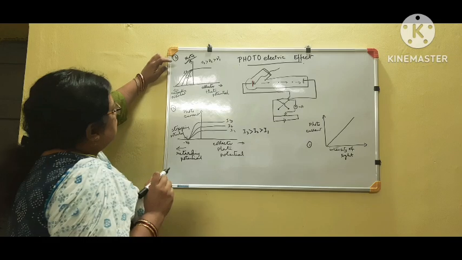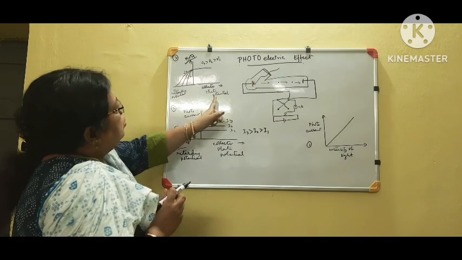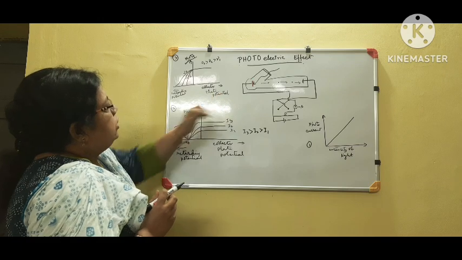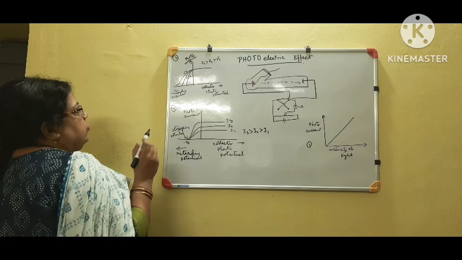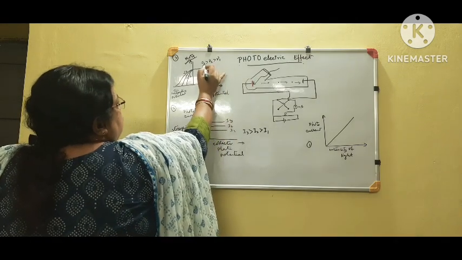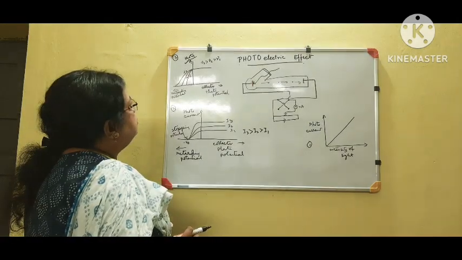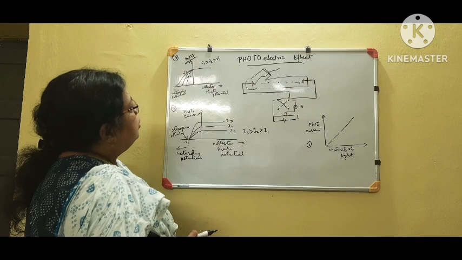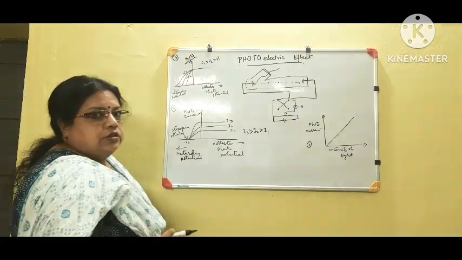Next, the third graph is photocurrent versus collector plate potential. This time light of three different frequencies, nu1, nu2, nu3, is given on the photo plate with the same intensity.